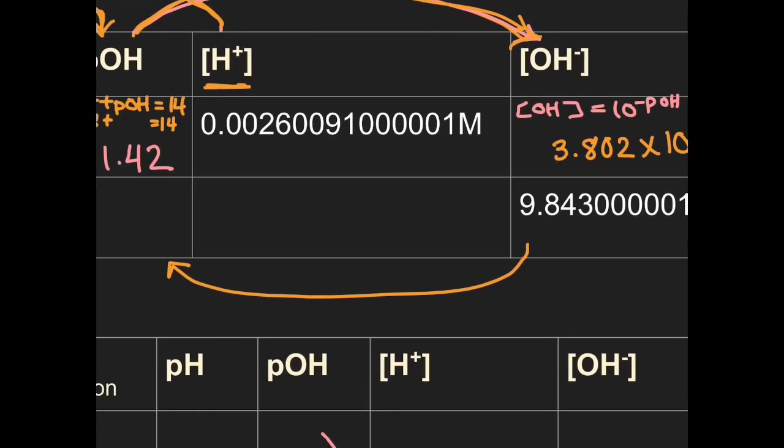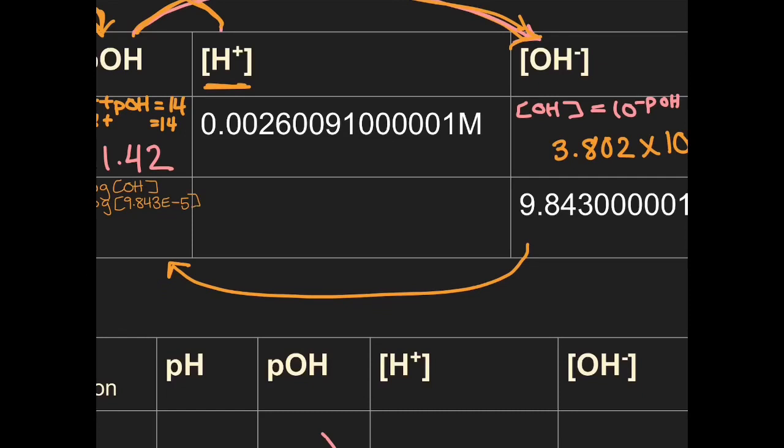That's when we use our negative log of the OH concentration. So that's the negative log of, and I did punch this whole number into the calculator, but for space purposes, I'm just going to write it out shortened. 9.843 E negative 5 is how you need to type it into your calculator.